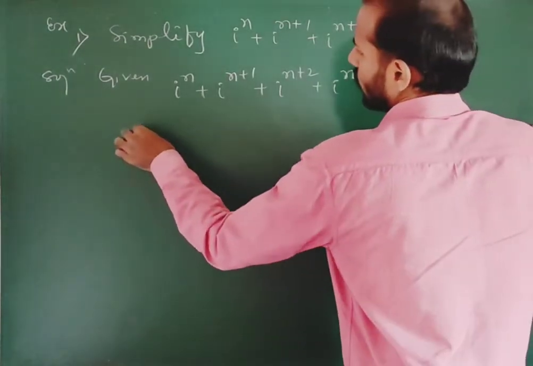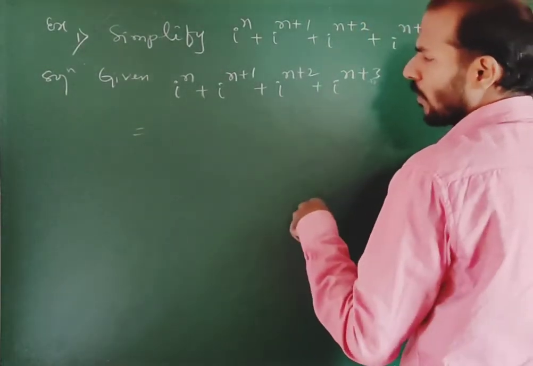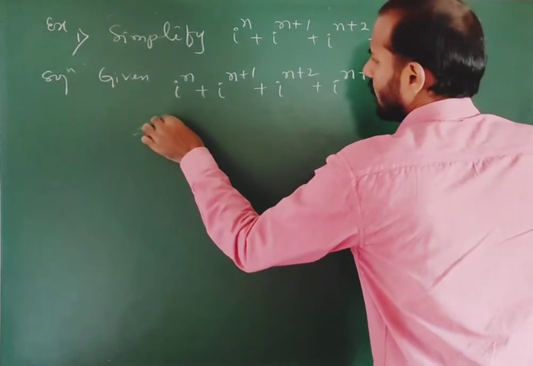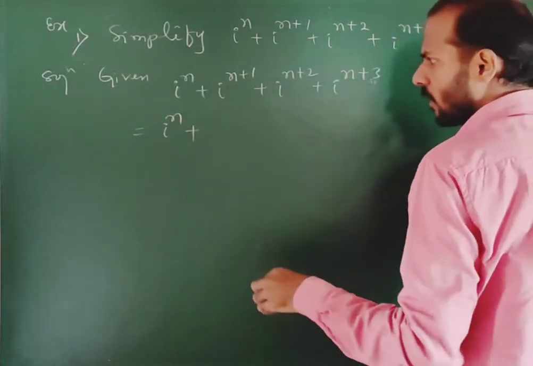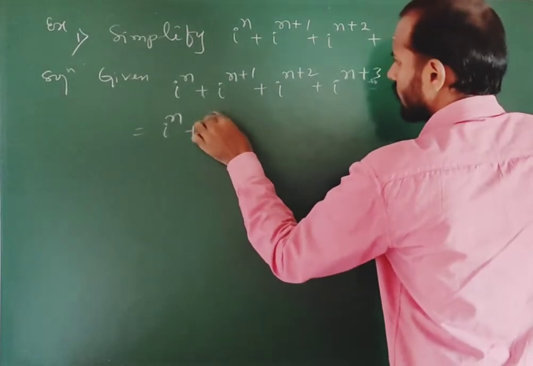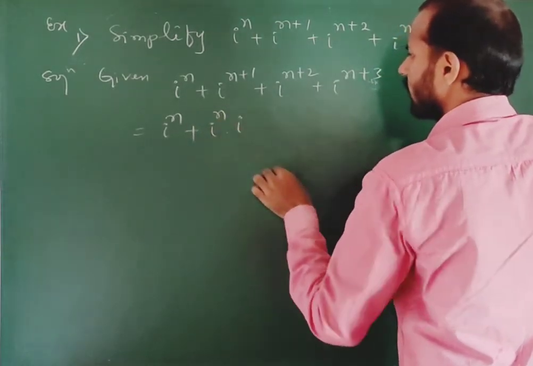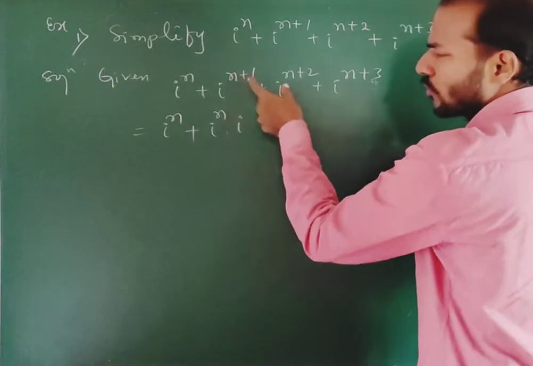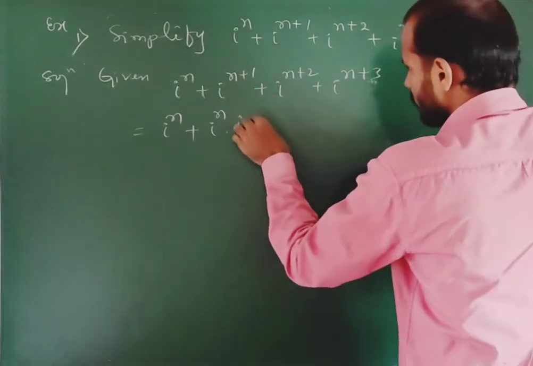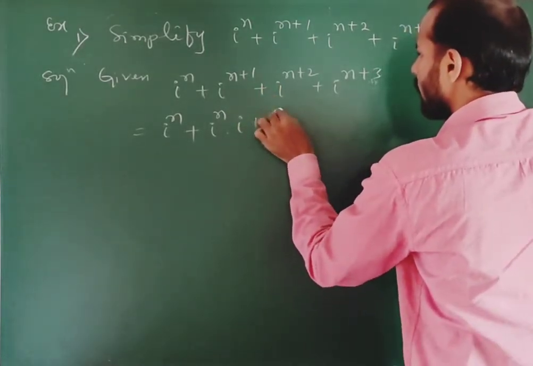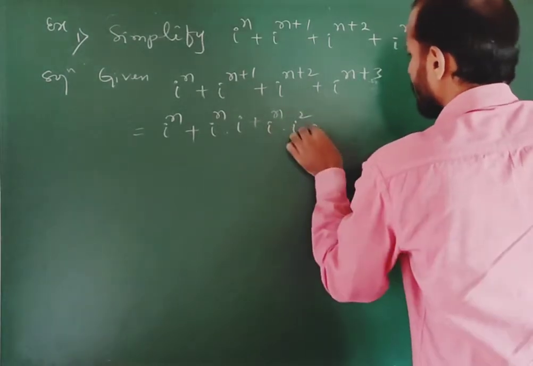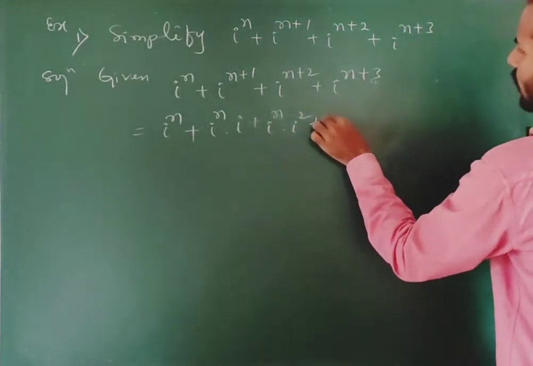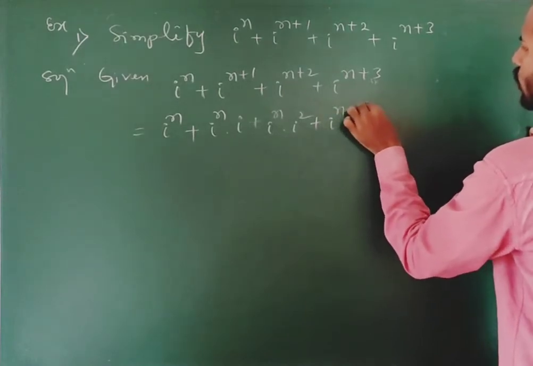Now this equals i to the power of n as it is, plus i to the power of n plus 1 can be written as i to the power of n into i. When bases are the same, powers should be added, right? Again, i to the power of n into i square plus i to the power of n into i cube.